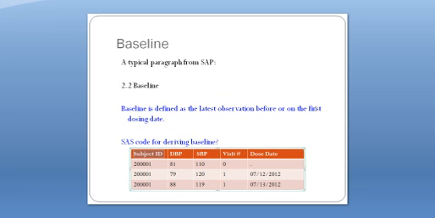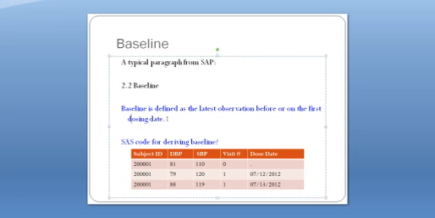So when you define the baseline, the first thing is to identify what is the first dosing date. When they started the drug, when did the subject start using the drug? That is the most critical time point you need to find out, and then you use that dosing date as a cutoff date to separate your observations on the primary endpoint into two groups.